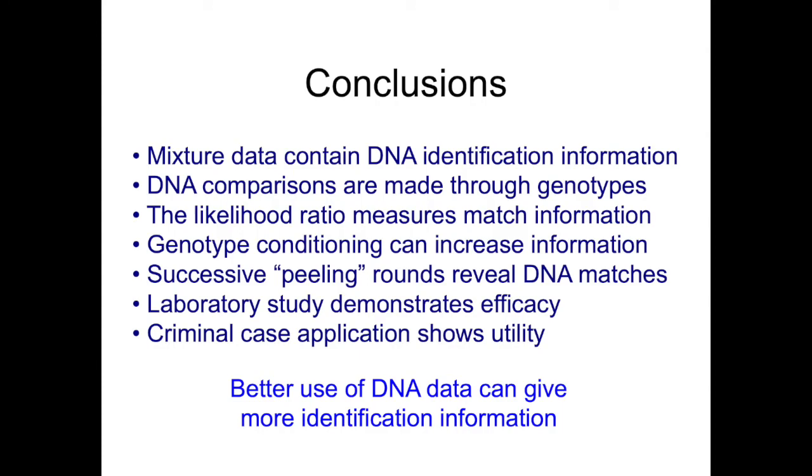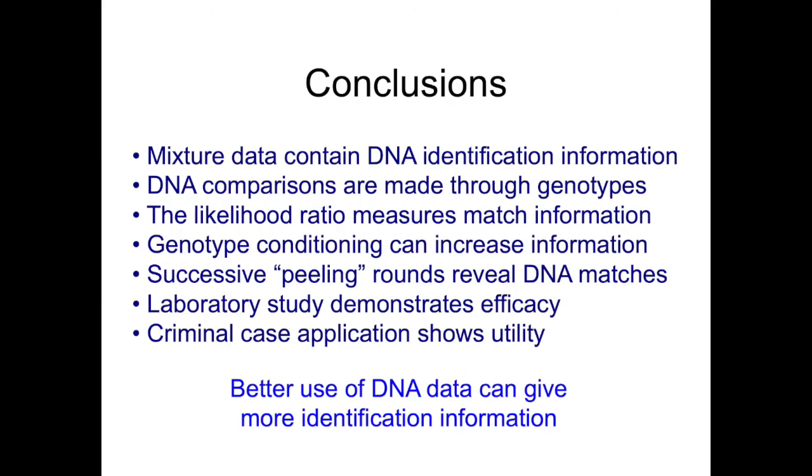In conclusion, mixture data contain DNA identification information. Comparison between DNA evidence items can be made through their genotypes. The likelihood ratio measures match information between the items. Genotype conditioning can increase that match information.